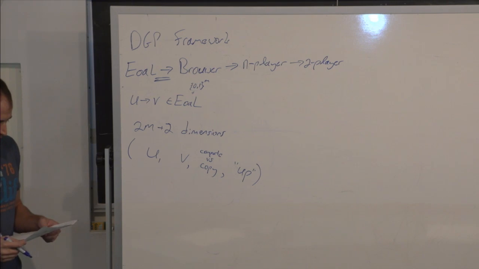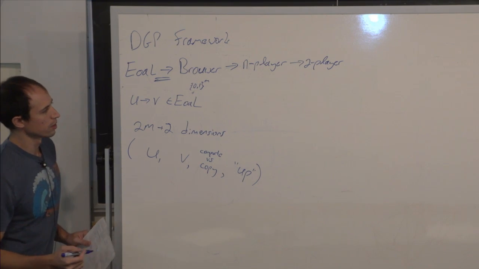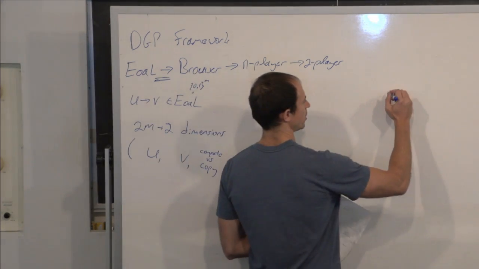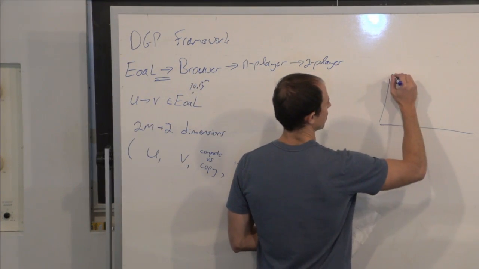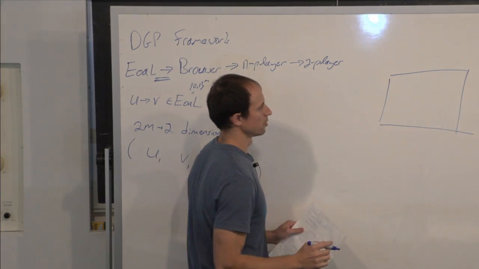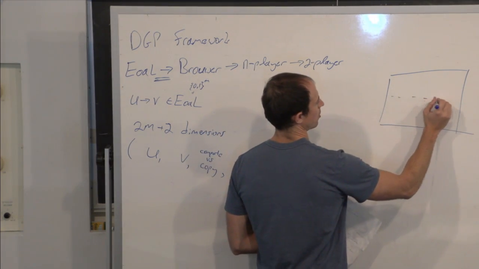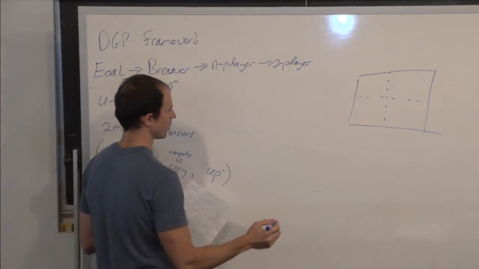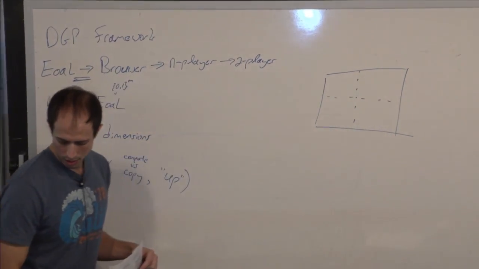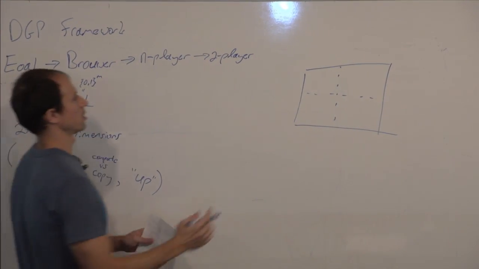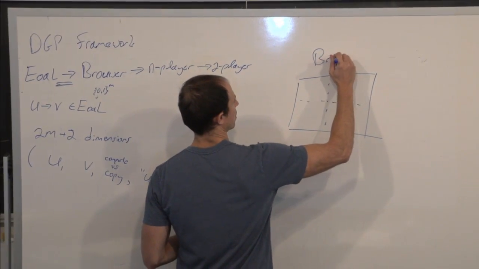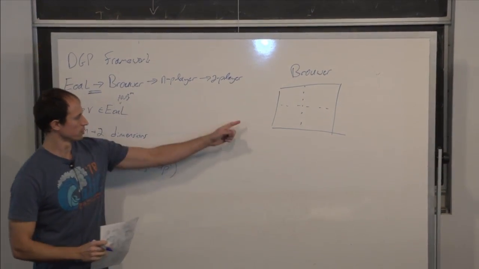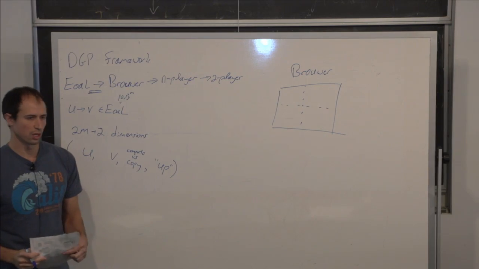Now the way I want to embed this, I can think of my unit hypercube. Let me just draw it in 2 dimensions. I can think of it as partitioned into subcubes. This is the Brouwer world, where I'm only showing you two of those 2m plus 2 dimensions.